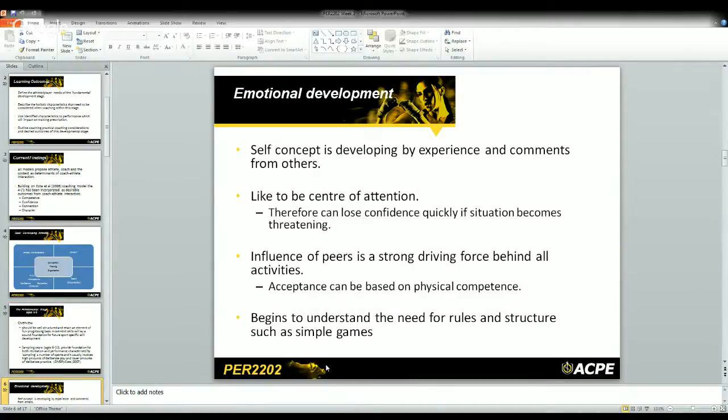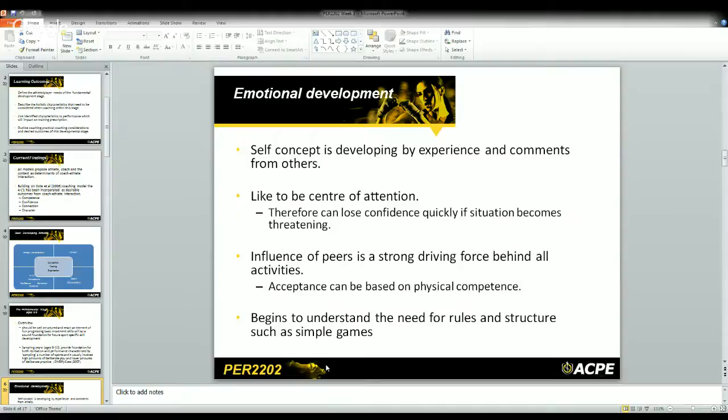At this age also, self-concept is developing from experience and from comments from others. So quite often we like to think of a lot of positive reinforcement and praising effort, and they will judge themselves against the others. Now, they're also narcissistic by definition, kids. It's all about them. If you've got a child like I do, it's all self-centred.